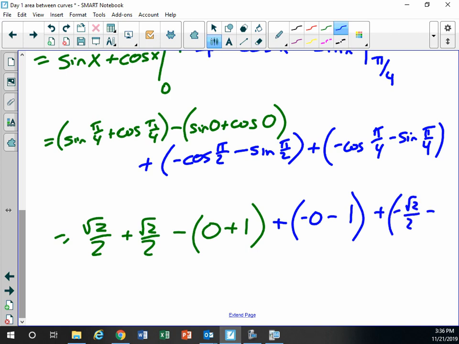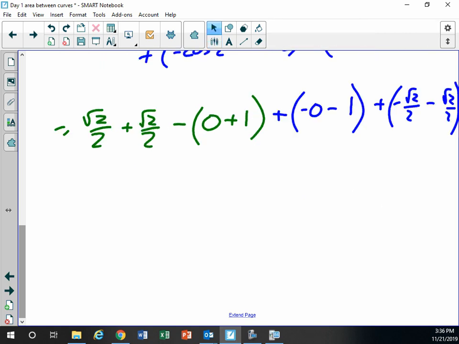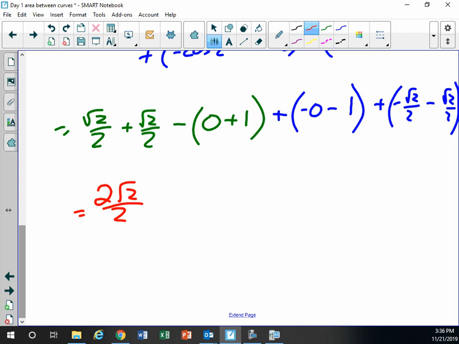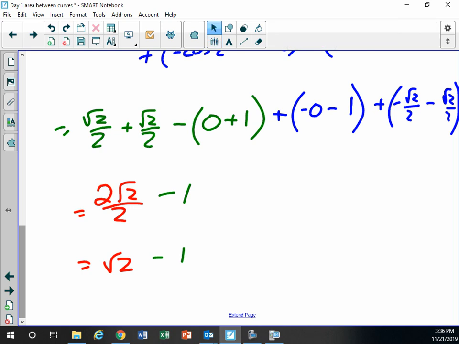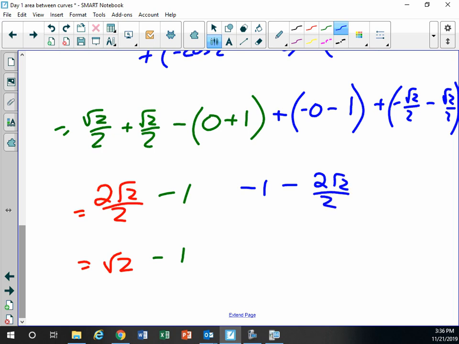The sine of pi over 4 is root 2 over 2. This makes this 2 root 2's over 2's, or just root 2. Minus 1, minus 1. This makes this negative 1. This is negative 2 root 2 over 2, or negative 1 minus root 2. And I'm done.